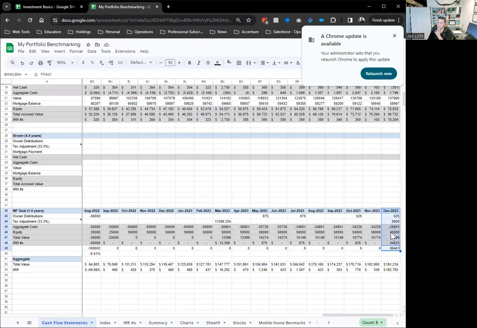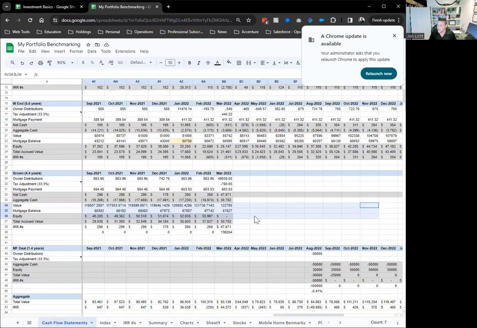The reason is that estimating the value of this is really challenging, whereas something like a house is not that hard. I can just look it up. This is highly speculative as far as if I sold right now, which I really can't even do because I'm locked in for another 5 years. So the IRR here is just kind of a guess, as a side note.